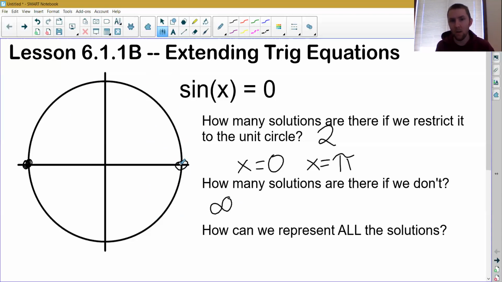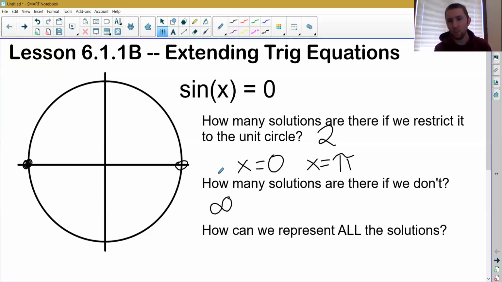We're going to go 0 and then pi and then 2 pi, and then we're going to keep going. We're going to hit 3 pi, 4 pi, 5 pi and 6 pi and 7 pi, 8 pi, 9 pi, and all of those in the negative going the other way as well. So there are infinitely many solutions if we let it keep going forever.